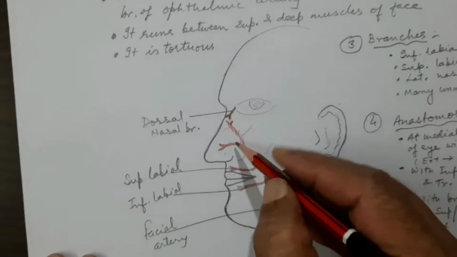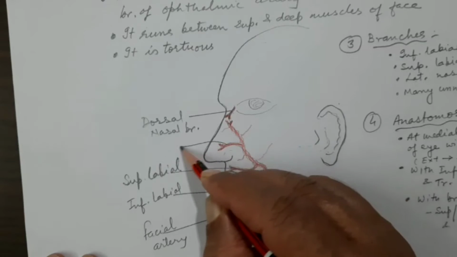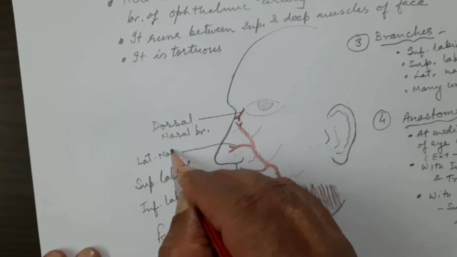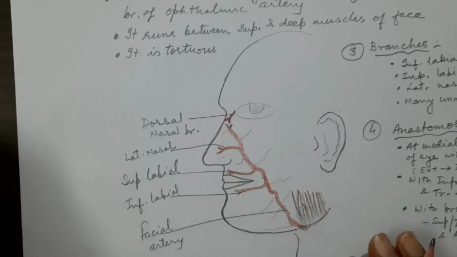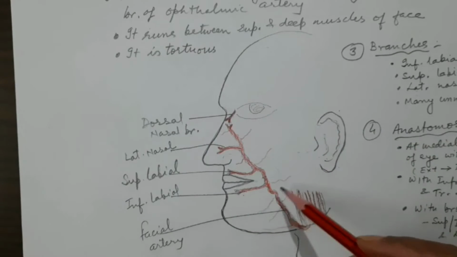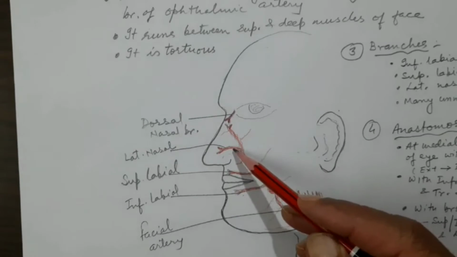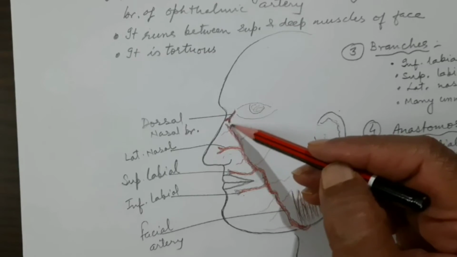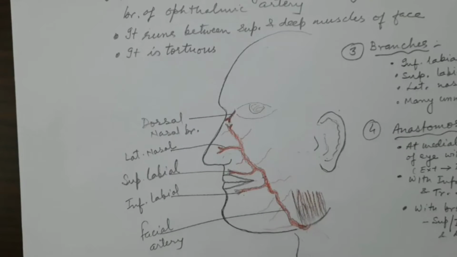And then a branch above this is given which is called the lateral nasal, because it goes to the nose on its lateral side. Hence, so easy to remember: inferior labial, superior labial and lateral nasal, and here it terminates by anastomosing with the dorsal nasal branch of the ophthalmic artery.